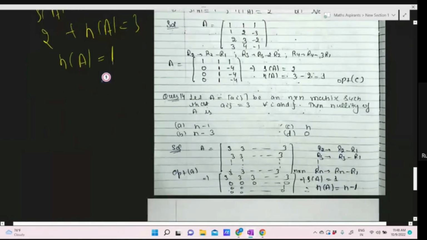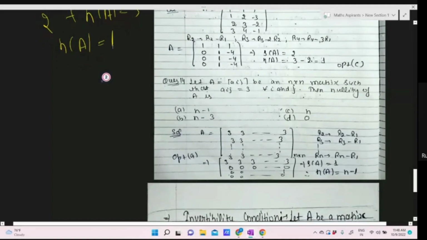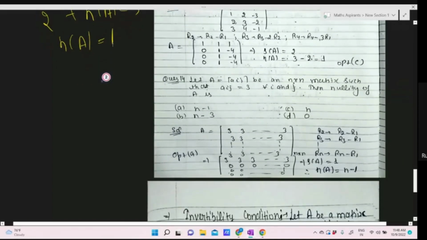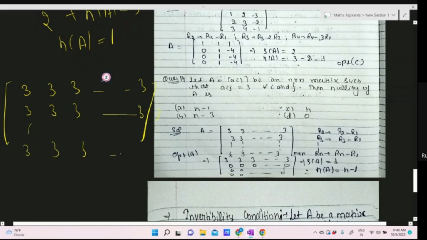Now, question number 14. Let A be the matrix of order n cross n such that Aij is equal to 3 for all values of i and j. Therefore, the matrix becomes 3, 3, 3, and so on, 3, 3, 3, and so on, and 3, 3, 3, of order n cross n.